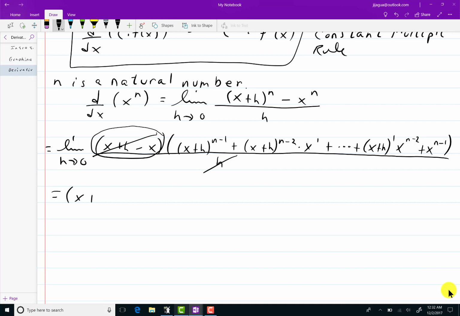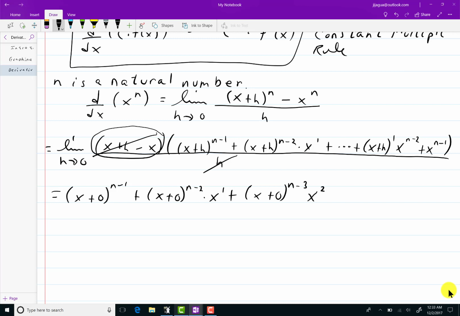So here's what I'm going to have. (x plus 0) to the n minus 1 plus (x plus 0) to the n minus 2 times x to the 1 plus, and I'll do dots now. I'll put one more just so you get the feel for it: (x plus 0) to the n minus 3 times x squared.